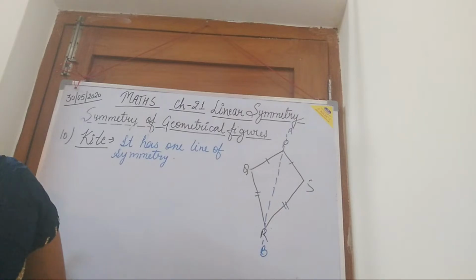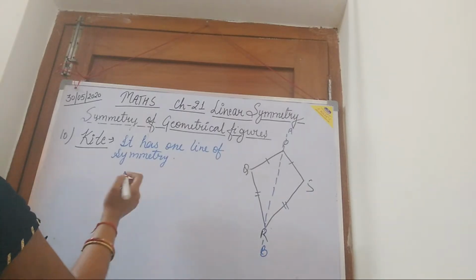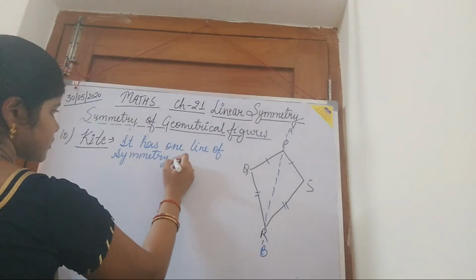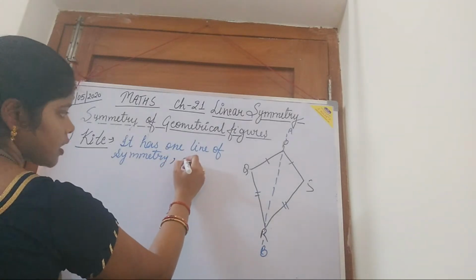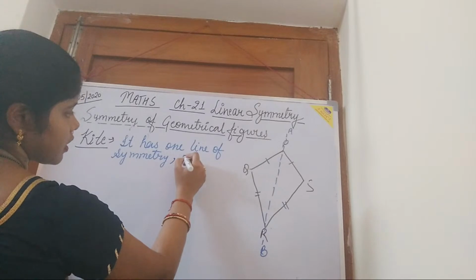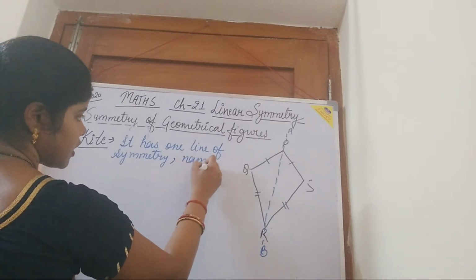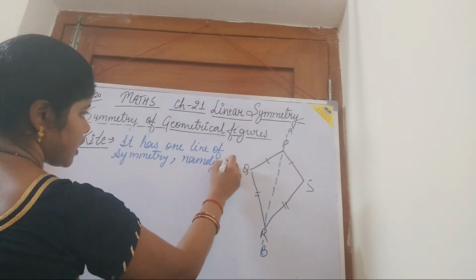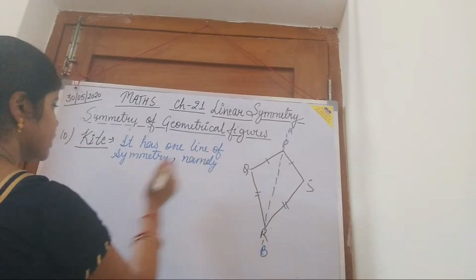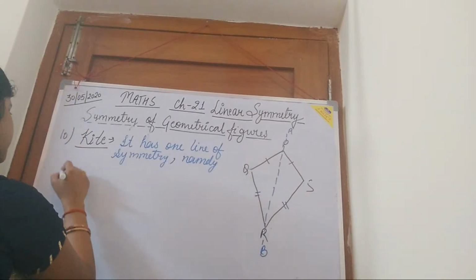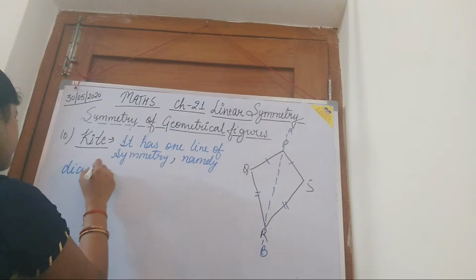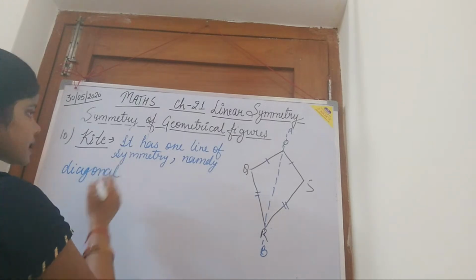And you can say that it has one line of symmetry, namely diagonal AB. What name have I given to this symmetry?